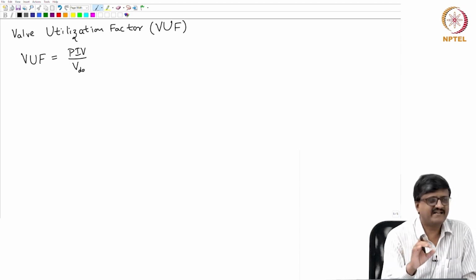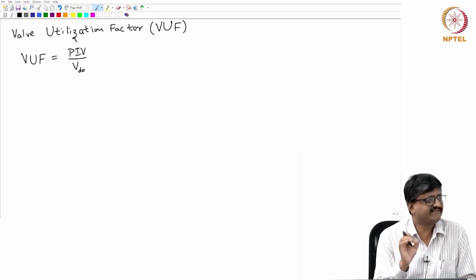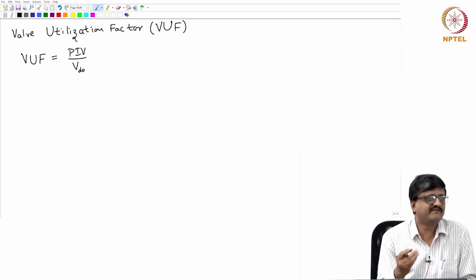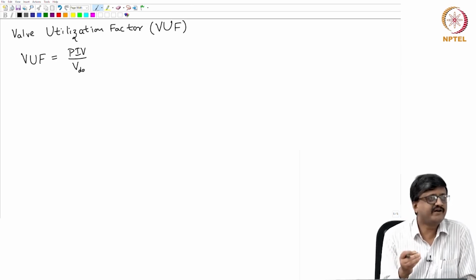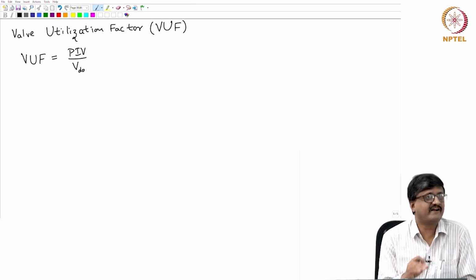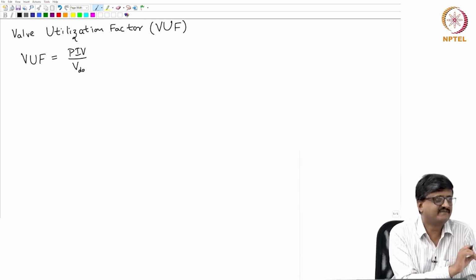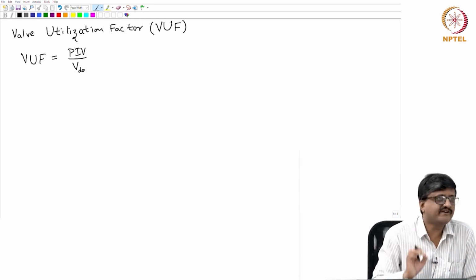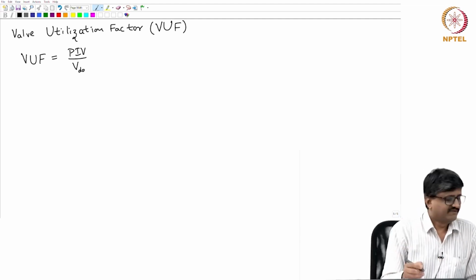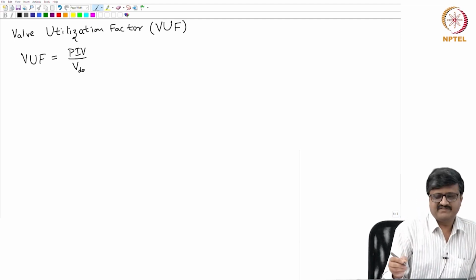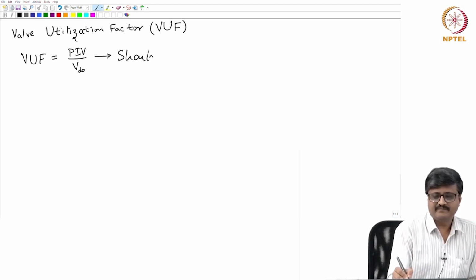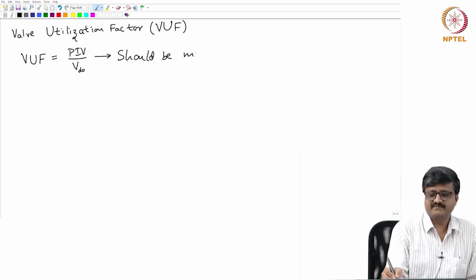It is slightly confusing. Please note, I want to maximize the valve utilization, and that is equivalent to minimizing the valve utilization factor, because of the way it is defined. So, for a given VDO, I always want a PIV as low as possible. So, this should be minimized.